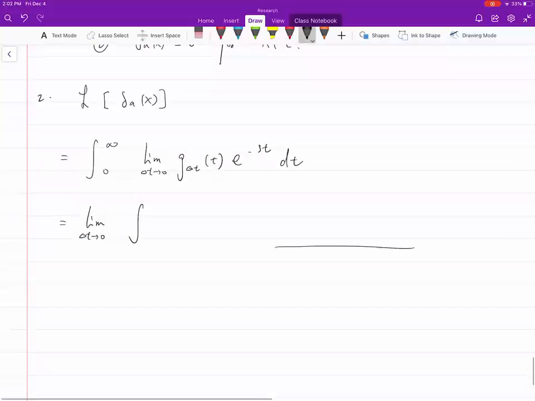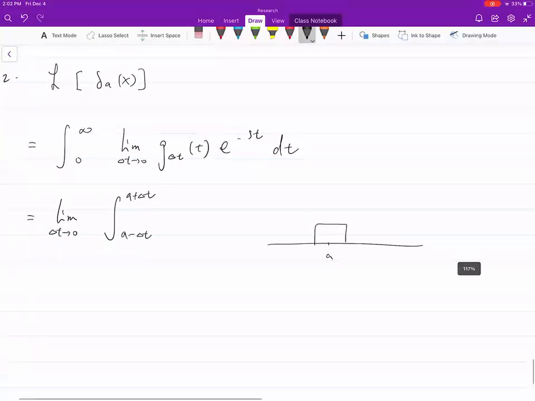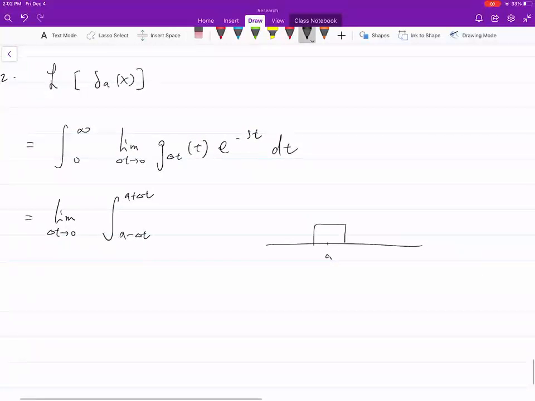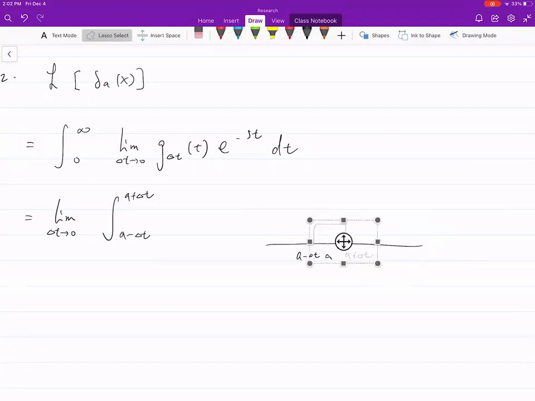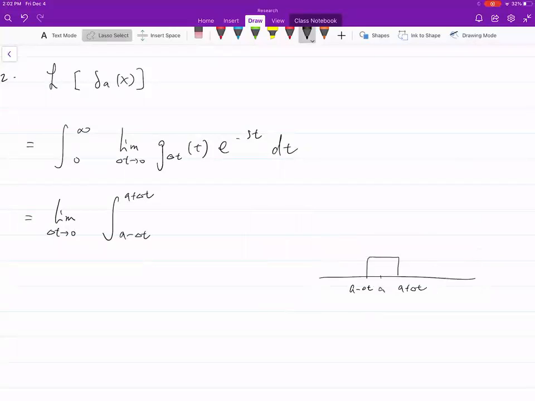Now what is G of t? It's 0 except from here to here. Everywhere else it's going to be 0. Moreover, on this interval, it is 1 over 2 delta t.